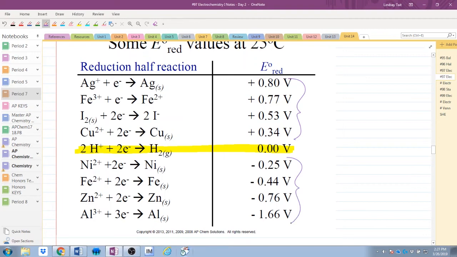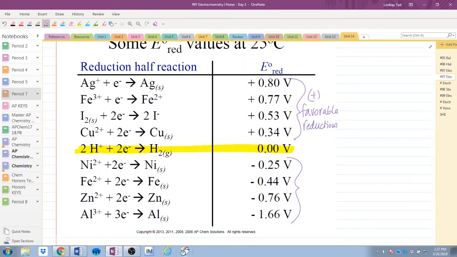When your voltage is positive, that is the favorable reaction, meaning these are reductions. This thing is favorable to be reduced against hydrogen, right? So silver will reduce, hydrogen will oxidize, right?